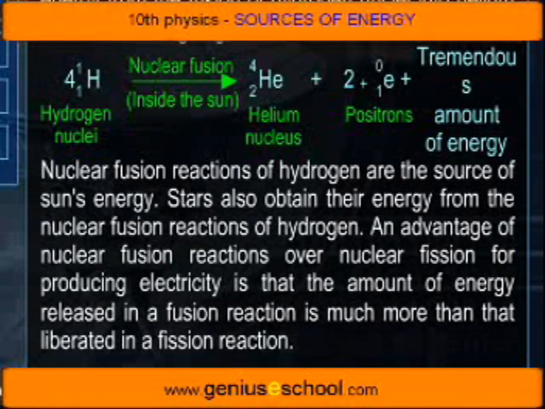An advantage of nuclear fusion reactions over nuclear fission for producing electricity is that the amount of energy released in a fusion reaction is much more than that liberated in a fission reaction.